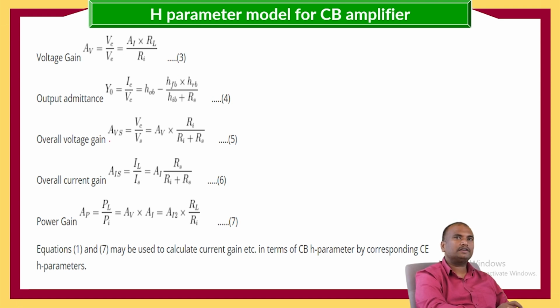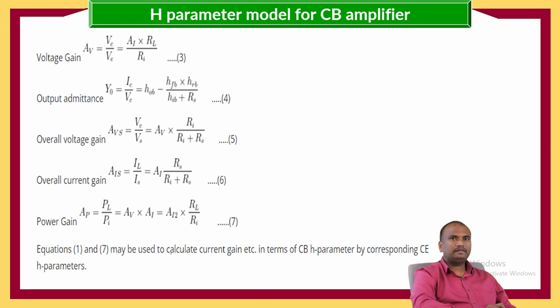The overall voltage gain is equal to VC by Vs, where the output voltage is VC and the input voltage is the source voltage Vs. That is equal to AV into RI by RI plus RS, where the overall current gain AIS is equal to IL by IS, which is equal to AI into RS by RI plus RS, where the power gain is equal to PL by PI, which is equal to AV into AI, which is equal to AI squared into RL by RI.